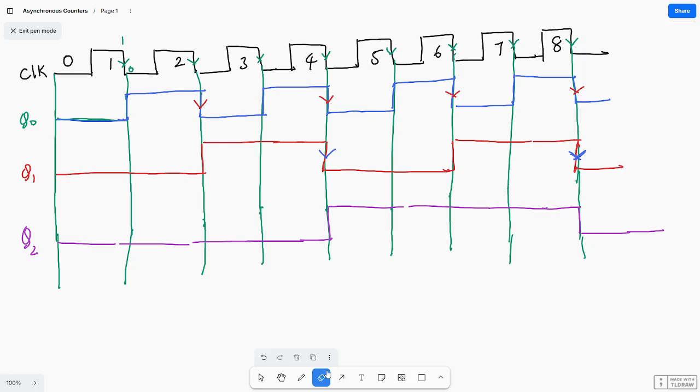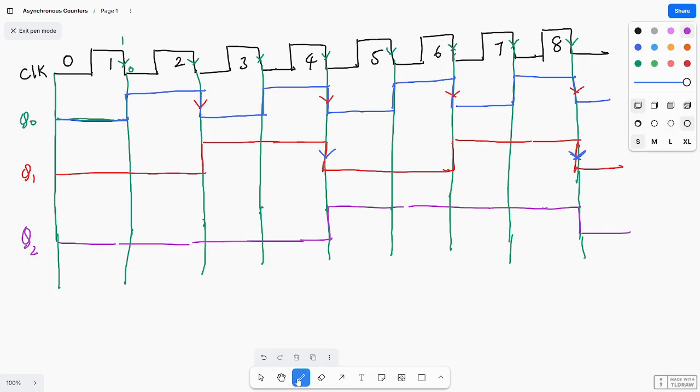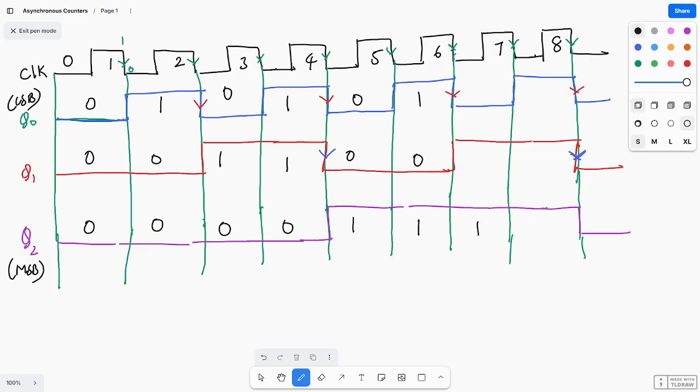So Q2 is nothing but the MSB of the flip-flop, and Q1 is nothing but the LSB. So here if you write, this is 0 0 0, and next 0 0 1, 0 1 0, 0 1 1, 1 0 0, 1 0 1, 1 1 0, and 1 1 1.